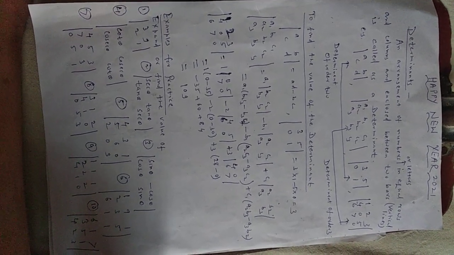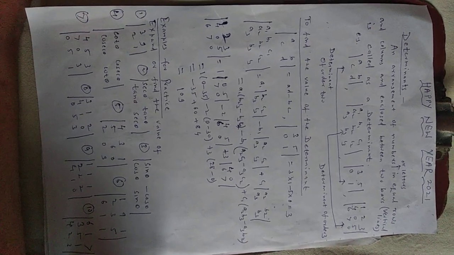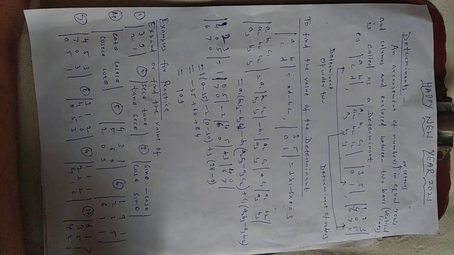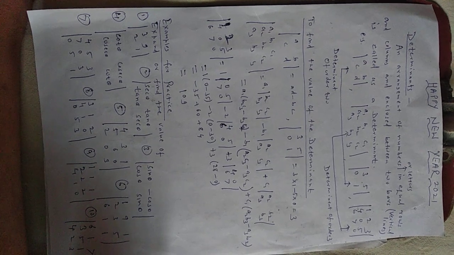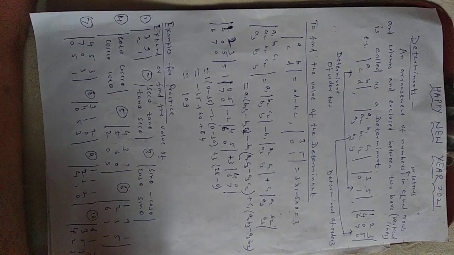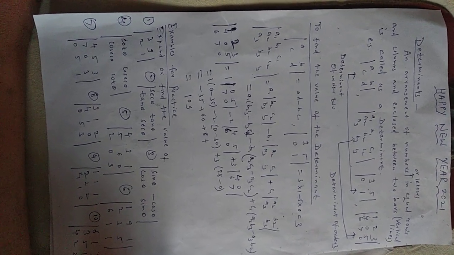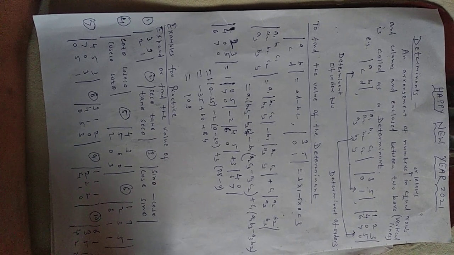Then take the second element with negative sign, that is minus B1. The same procedure, multiply it with a determinant obtained by deleting the row and column containing that element. So A2 C2 A3 C3 that remains, and the plus C1, take the third, C1 means third element of the first row.